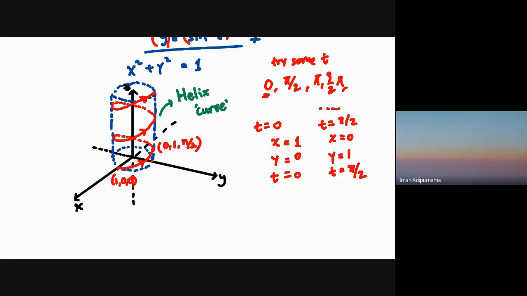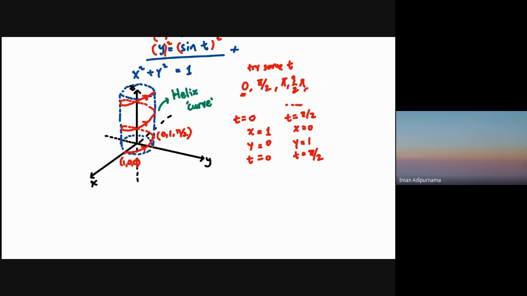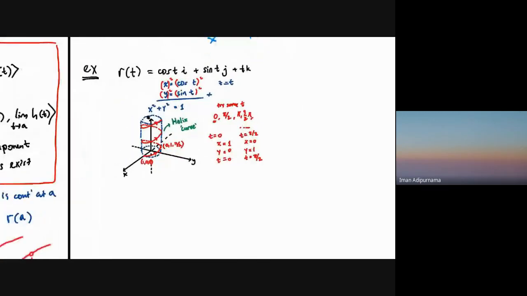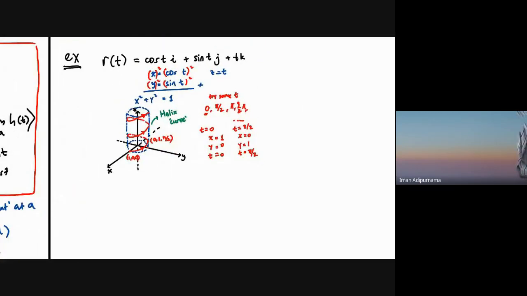So a helix is a structure that in nature and in other physics phenomena is already a common structure. Okay, that's the example for the helix.